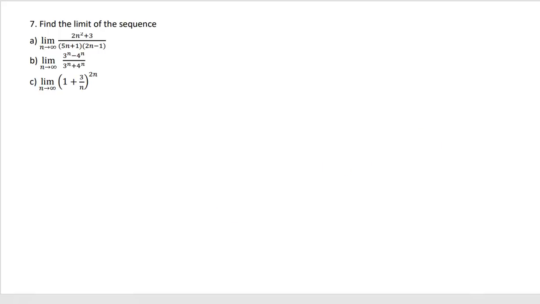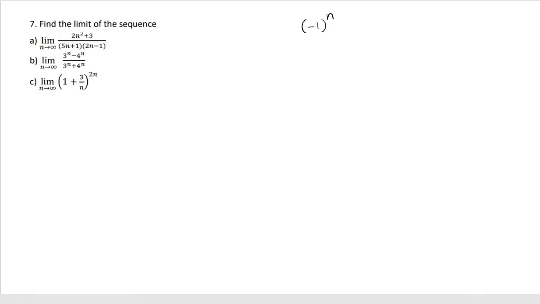Okay, find the limit of this sequence where you're sending n to infinity. This is exactly the same as the regular limit that we've been doing. The only time that the limit of a sequence may be different from the limit of a function is when you have a sequence that has negative 1 to the nth power.